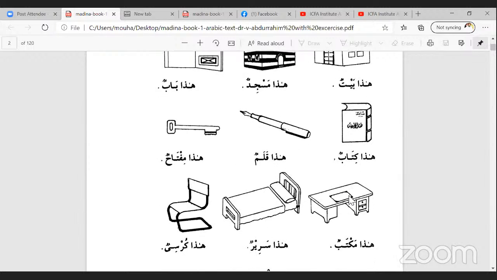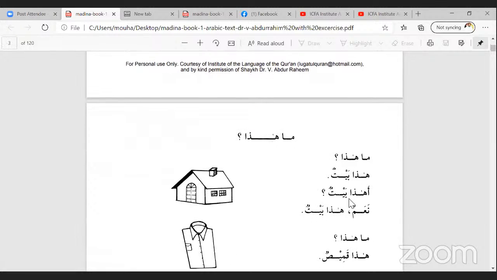Okay, so we learned also how to ask a question. When you have هذا, which means this, and you want to know what it is, you put ma before هذا. Ma هذا, what is this? And you see something, you may think it is something, but you're not sure.